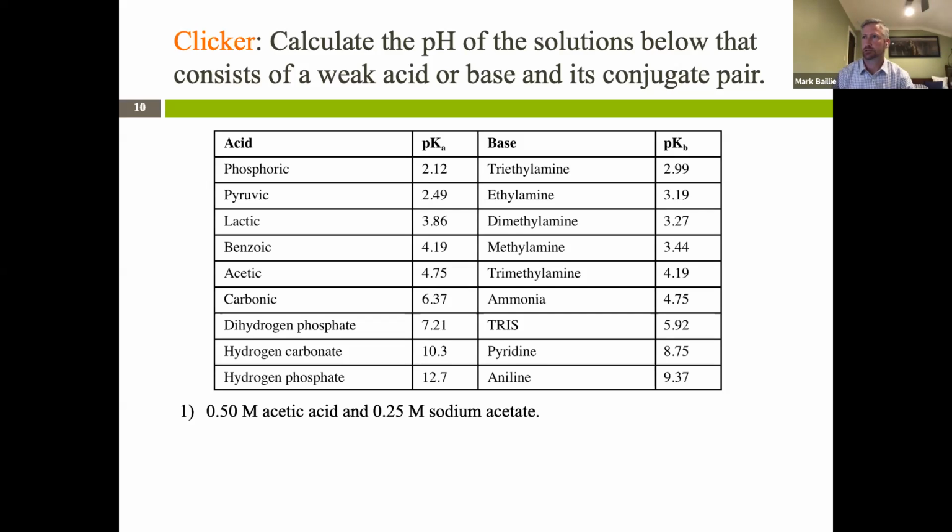Let's do about 30 more seconds. All right. I'm going to go ahead and take a look at the answers and see how much of a mix we had.